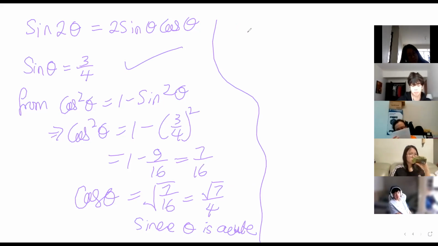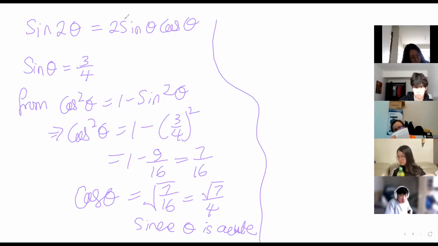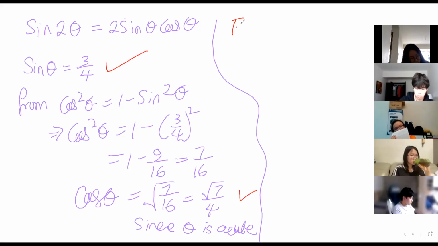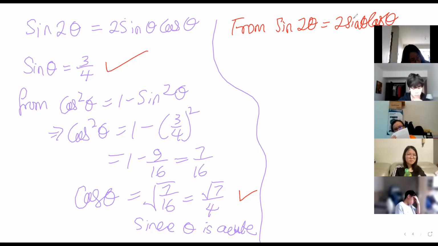Let me color code it. So with this one and this one, you check this in your formula booklet if you need to. Sine 2 theta is equal to 2 sine theta cos theta.